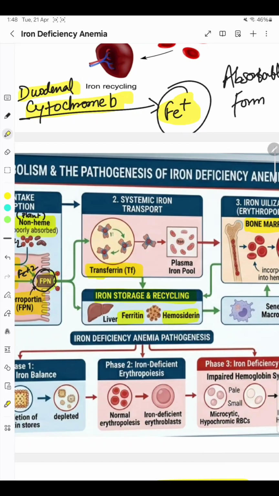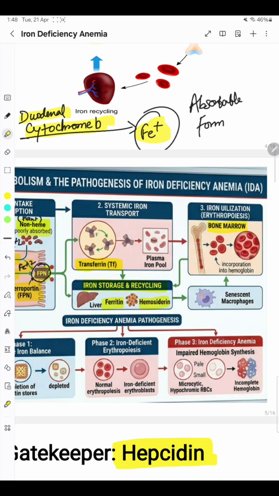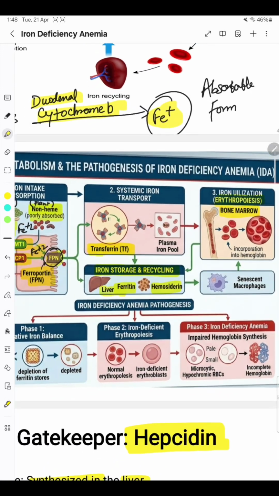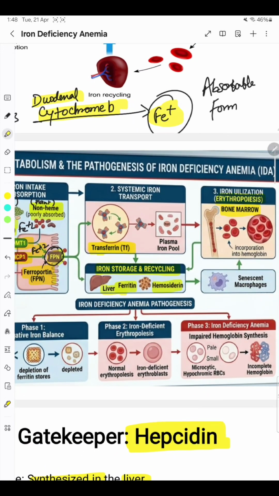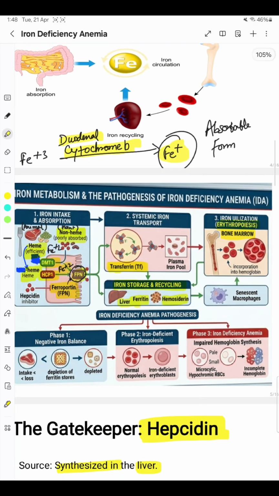This transferrin transports iron to various sites like the bone marrow for erythropoiesis, and some of the iron to the liver in the stored form as ferritin or hemosiderin.